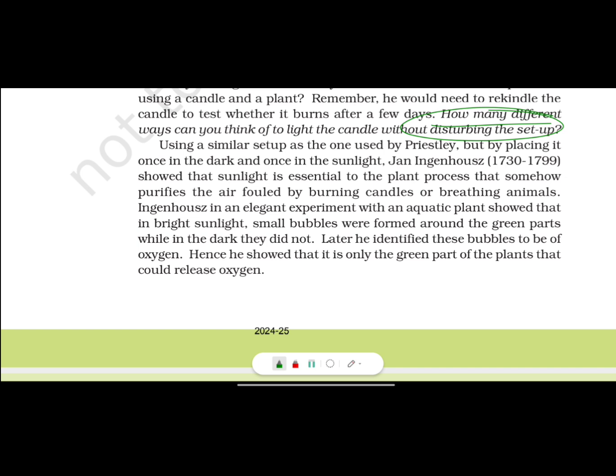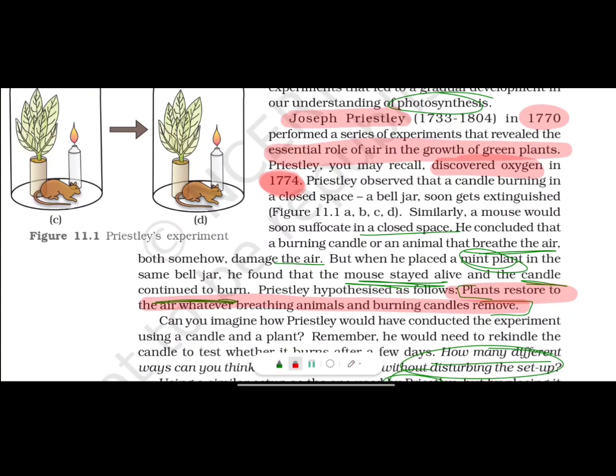Using a similar setup as the one used by Priestley, but placing it once in the dark. So this is the second experiment. So that was the first experiment. Please note down these important keywords which I have highlighted for the first experiment.